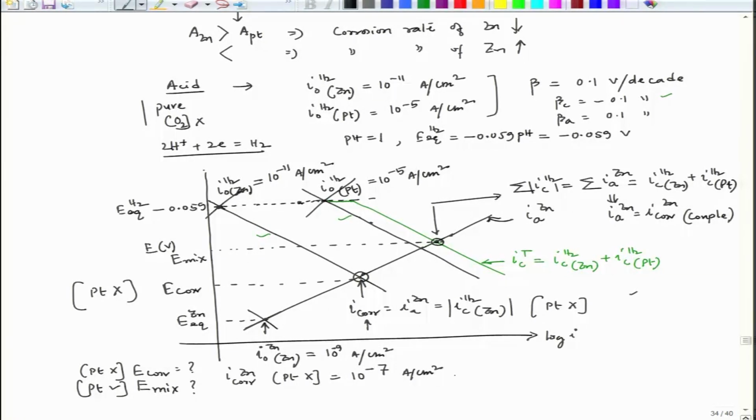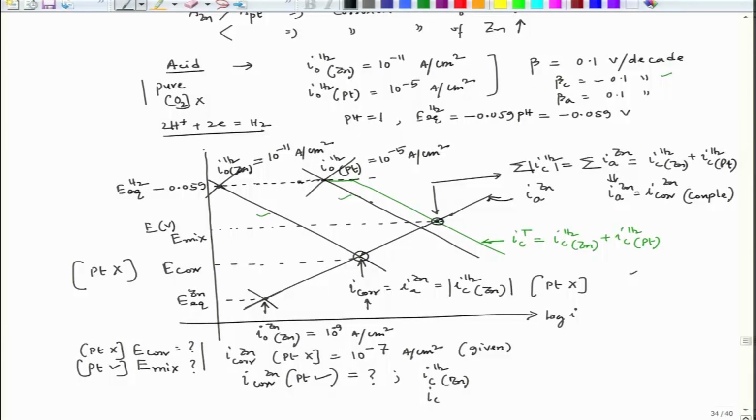Now, this is the value given. So, these two we have to calculate. Another thing we have to calculate is I corr of zinc when platinum is present. This we have to find out, and individually we have to find out IC hydrogen over the zinc surface as well as IC hydrogen over the platinum surface.